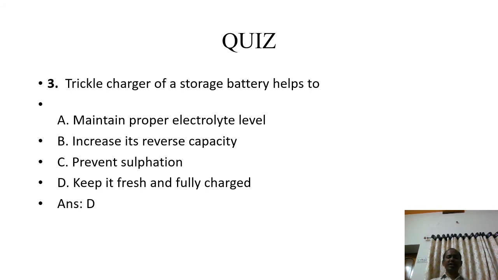Which one is the correct answer? D is the correct answer. Trickle charge of a storage battery helps to keep it fresh and fully charged. This is the correct answer. Right?